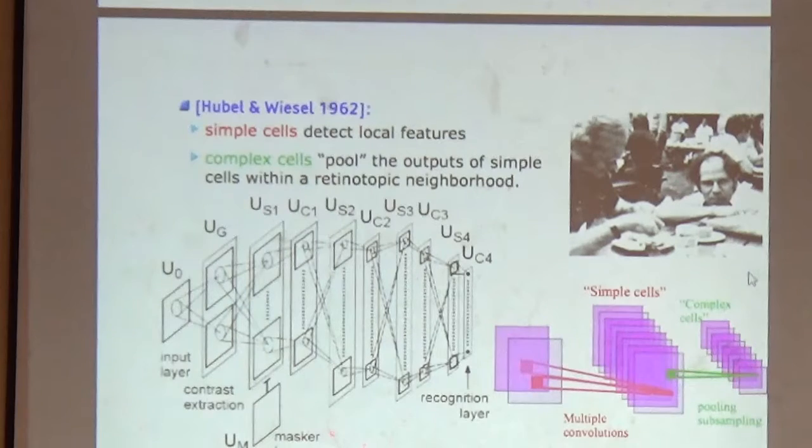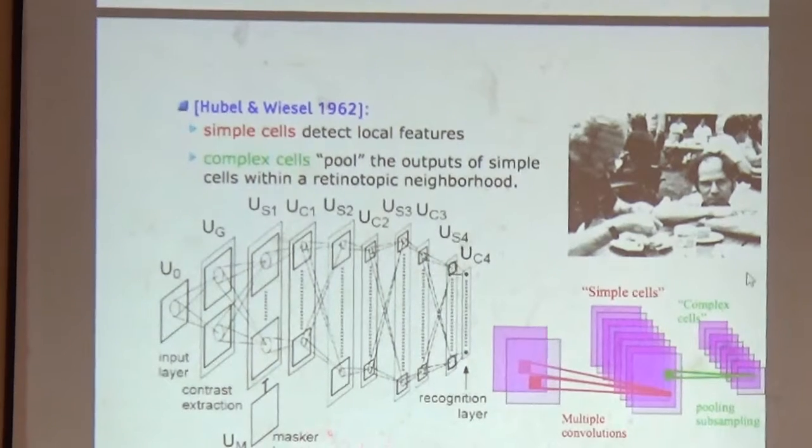Try to relate it like this, that you have an object here and you have an object here. So it is the same object. So how to deduce that it is the same object? If your local processing only happened, there was no layer 2, then you will say that this object is different from this object. So this robustness to scale happens when you pool the output of layer 1 to layer 2.